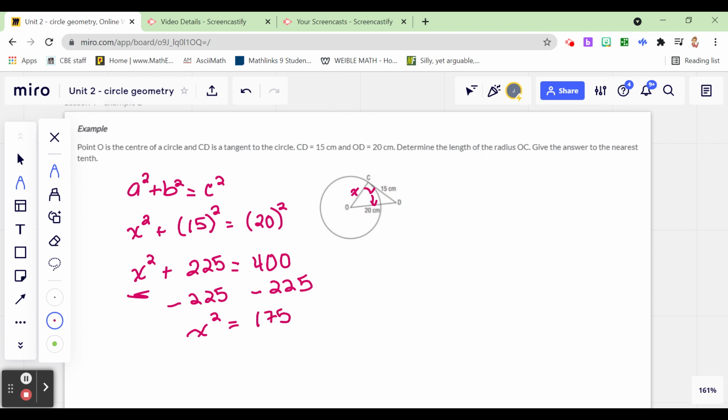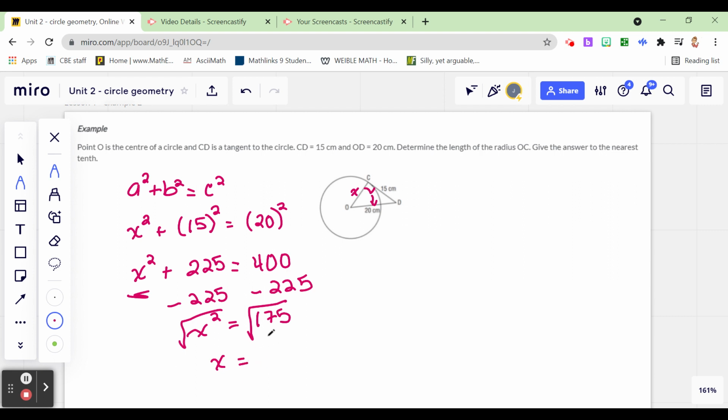From last unit, I already know how to undo this squared by square rooting it. What I do to one side, I have to do to the other in order to keep them equal. So the square root undoes the squared, and I'd just be left with x equal to the square root of 175.